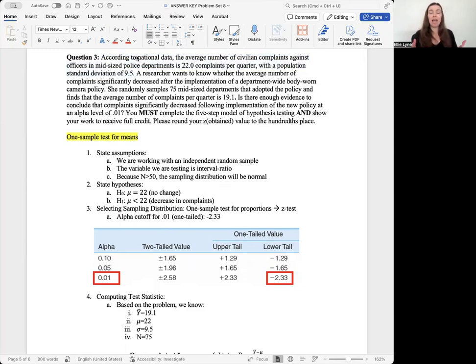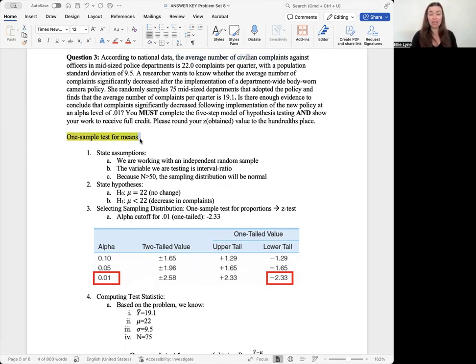So I have a very large population, and I will be comparing that probably to a group here, again, mid-sized police departments. So I know that I have my population here. And in the very next section, I see the average number of civilian complaints. So average meaning means. So I know right off the bat, I am conducting a one sample test for means.